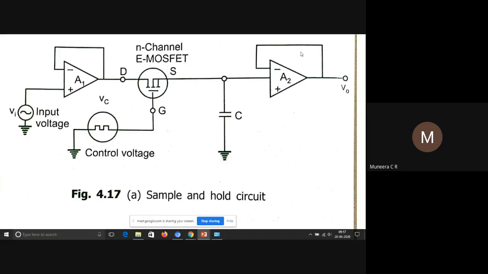Since the input impedance is very high, this capacitor cannot discharge during the hold time. And since it is a voltage follower, whatever the input voltage is will appear at the output also.